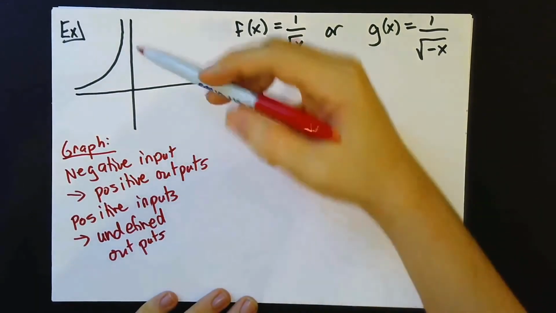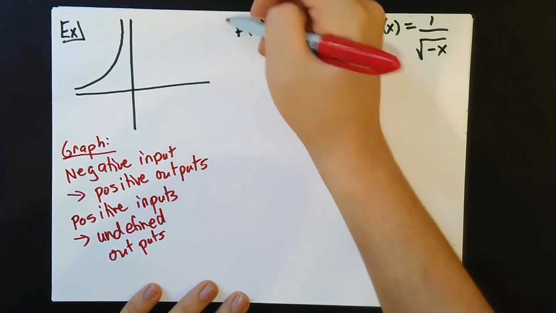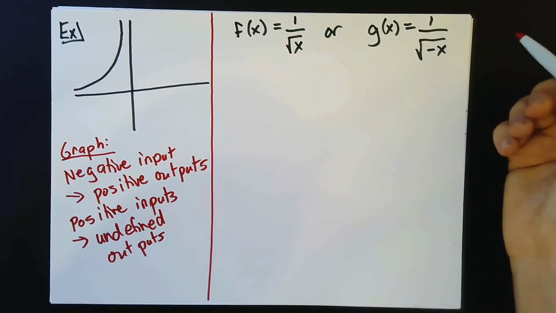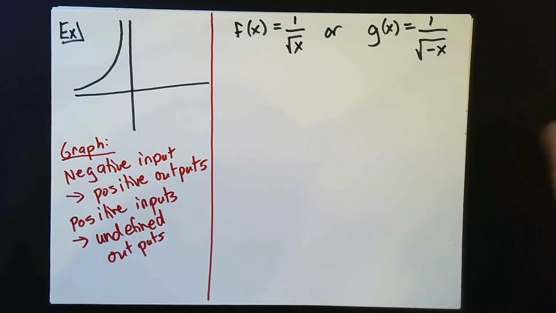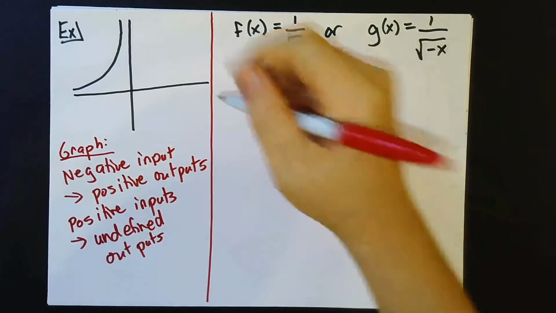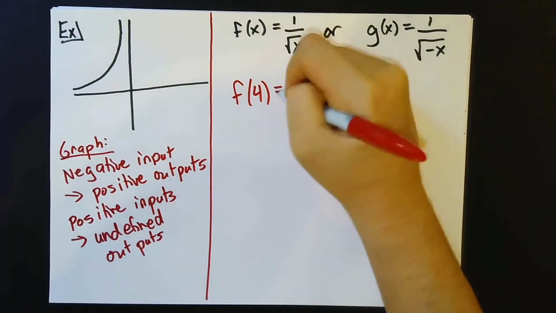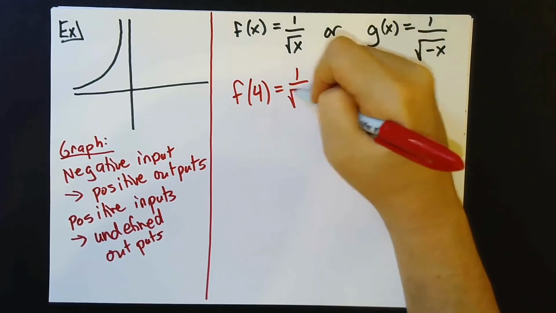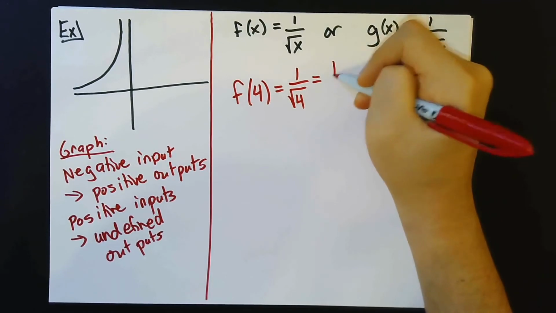Again, I'm seeing undefined because there is no graph here on this side of the y-axis. If you're trying to sort this out, I recommend you plug in some positive and negative numbers and see what happens. So if I plug in f of 4, I get 1 over the square root of 4, and that is 1/2.